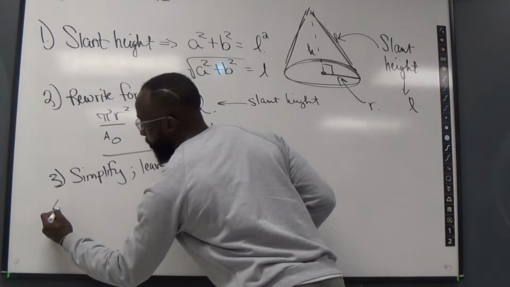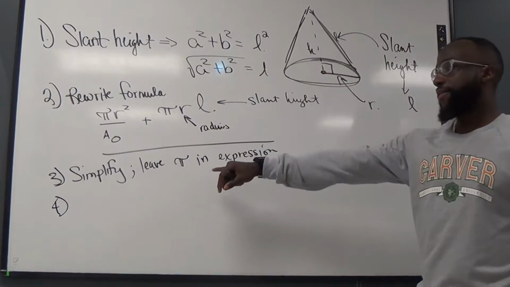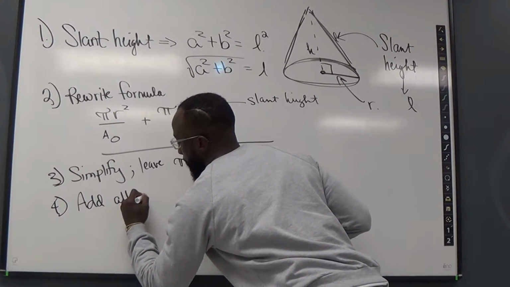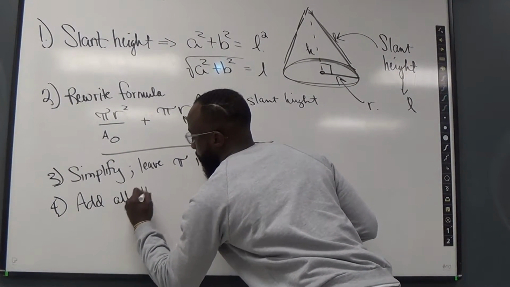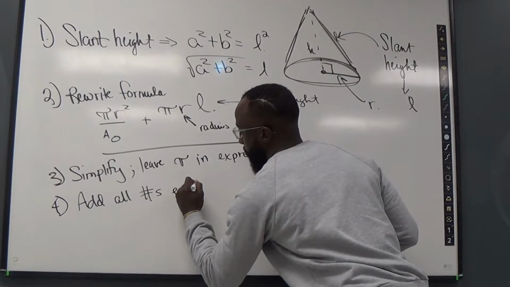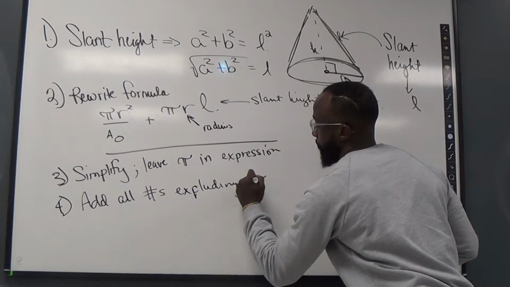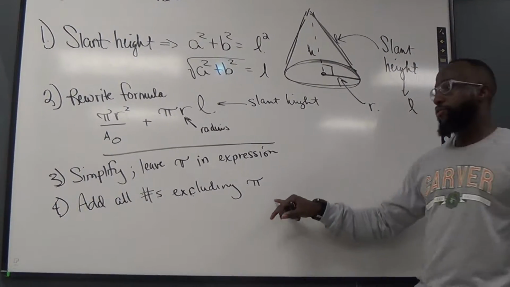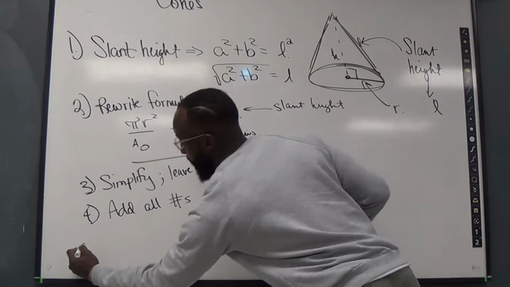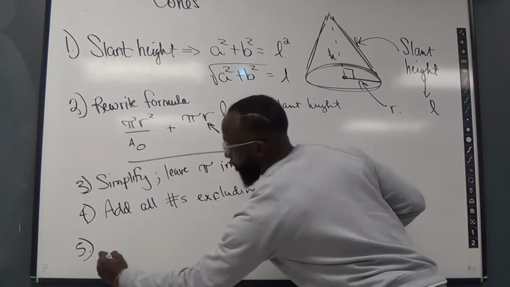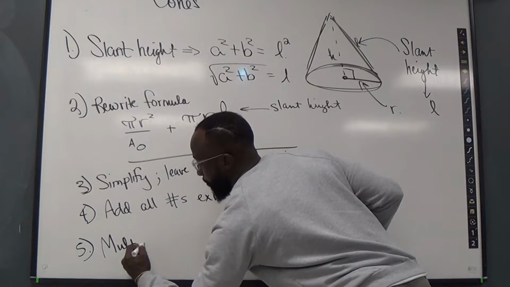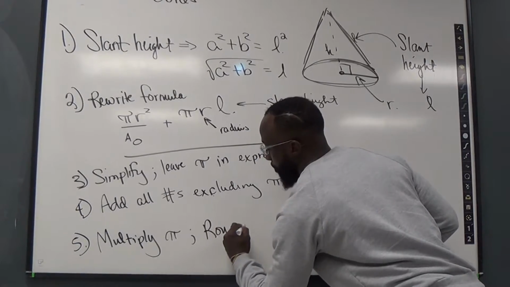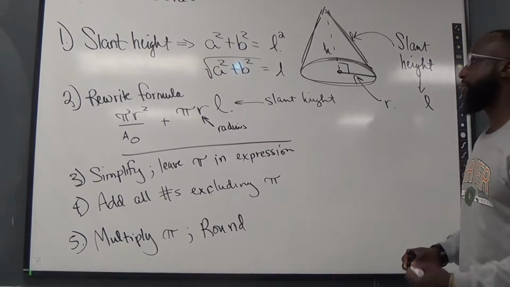After you've left pi in the expression, you're going to add all your numbers excluding pi. Once you add all your numbers excluding pi, you have a number times pi. And finally, step 5, you're going to multiply pi and round. You're going to either round to the nearest whole number or the nearest hundredth, right?